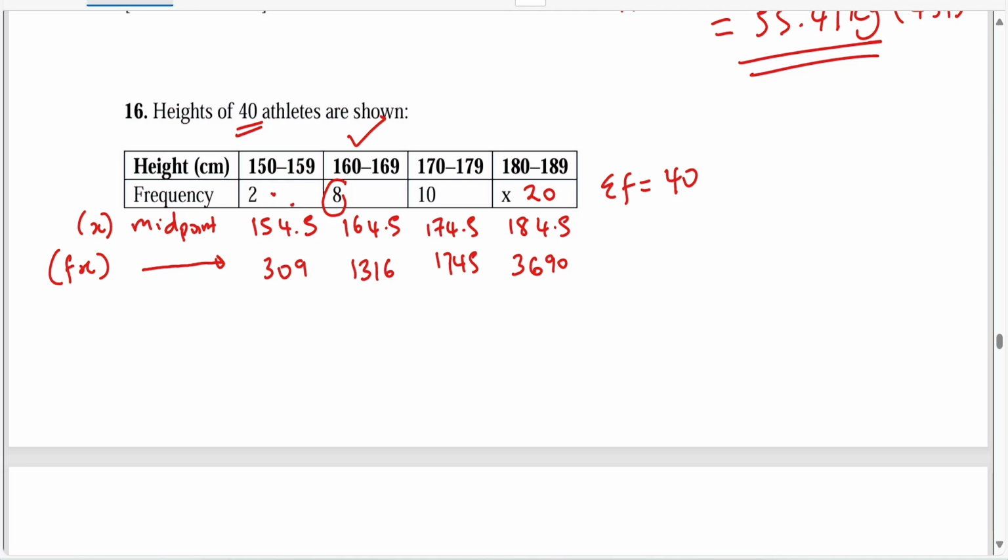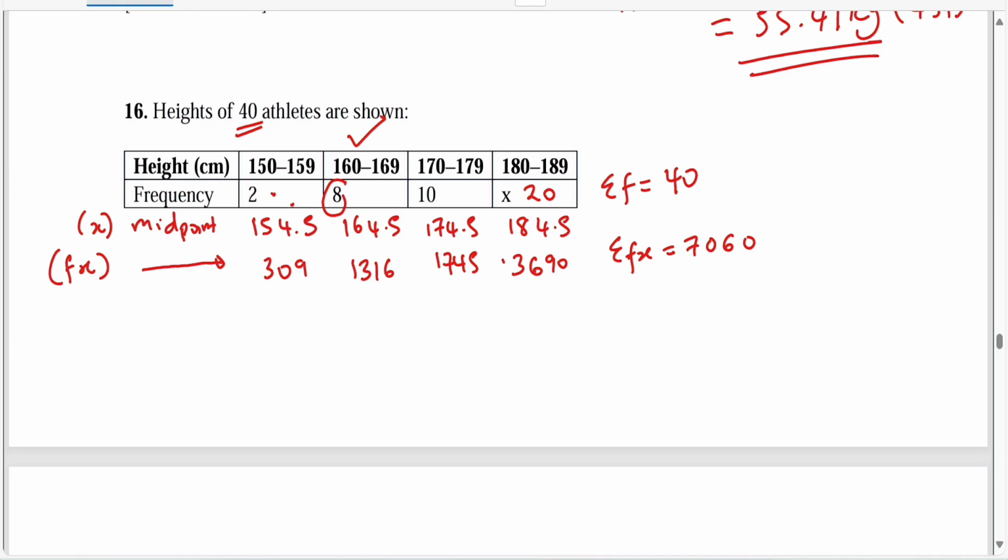You add them all: 309 plus 1316 plus 1745, plus 3690. So your sum of fx should be equal to 7060.